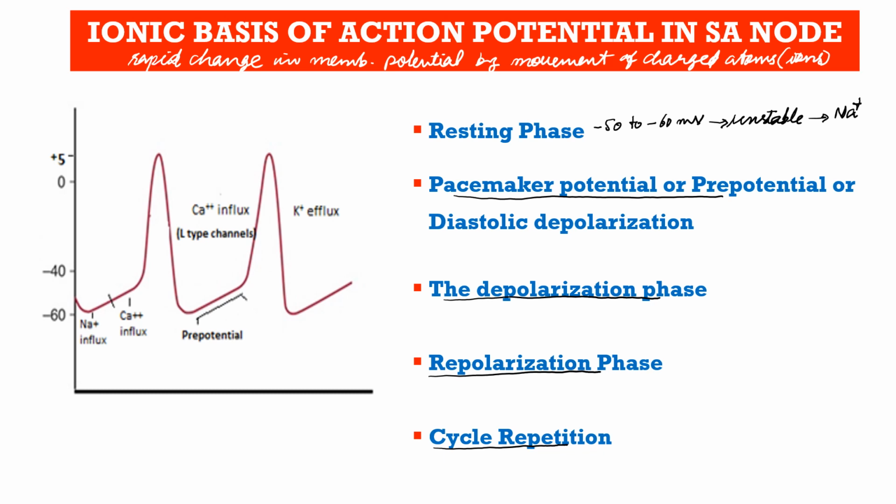When action potential starts in the SA node after resting phase, the resting phase is achieved after repolarization. When membrane repolarizes, basically due to movement of potassium ions, the SA nodal membrane becomes hyperpolarized.